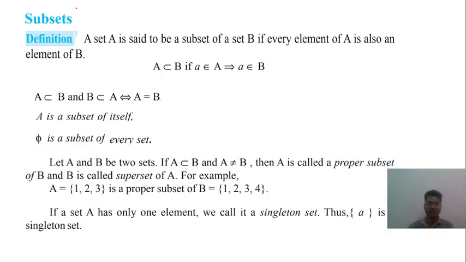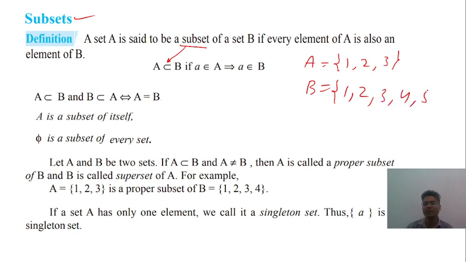So what is subset? A set A is said to be a subset of a set B if every element of A is also an element of B. This is the sign of subset. What is written in this definition is, suppose A has 1, 2, 3 and B has 1, 2, 3, 4, 5.